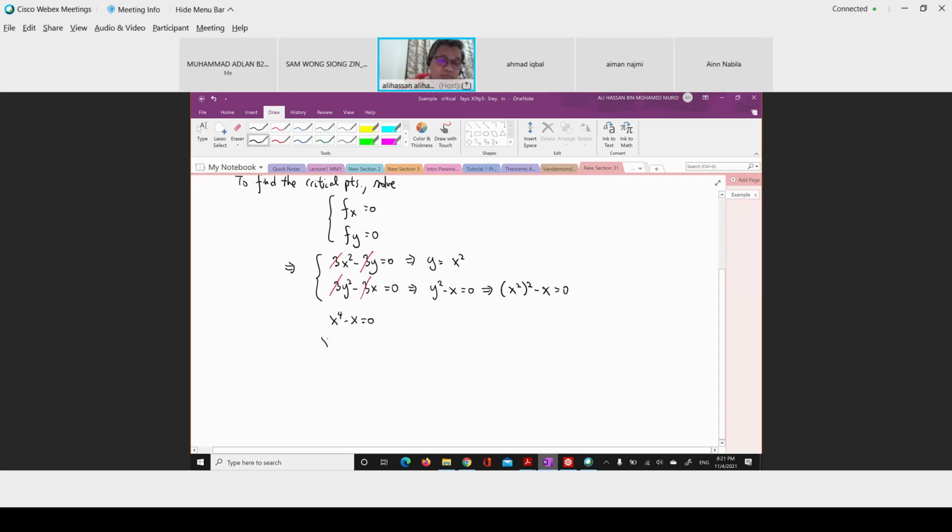So we factor out x, so we get x times (x cubed minus 1) equal to 0. So this has two solutions, x equal to 0 or x cubed minus 1 equal to 0. Recall from algebra that if AB equal to 0, that means A is 0 or B is 0.